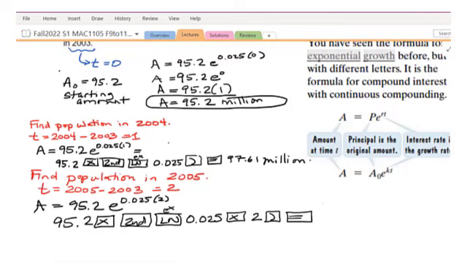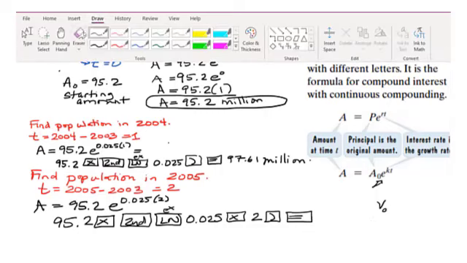Good question, Matthew. The sub-zero is just a way of distinguishing between the variables. So usually we put a subscript of 0 whenever we're talking about a starting quantity, a starting amount. And you'll see that in other formulas as well. Like if you were to take physics and they were talking about velocity, they'll use V for velocity, and V sub 0 will talk about the beginning velocity.